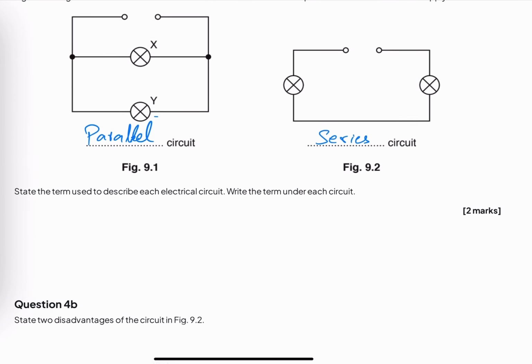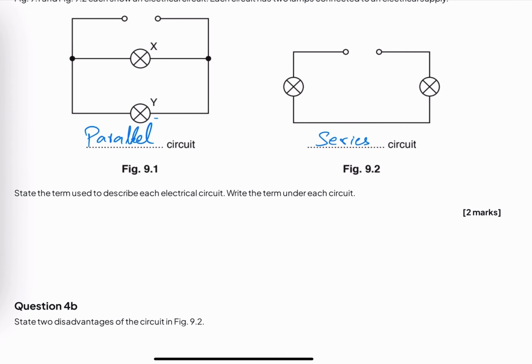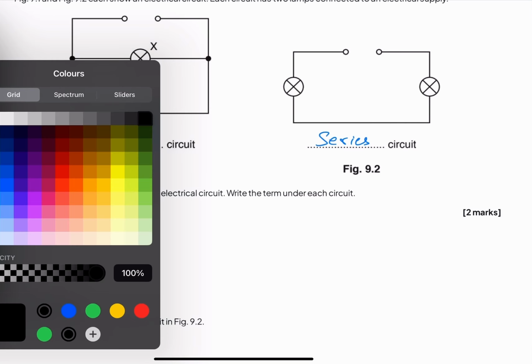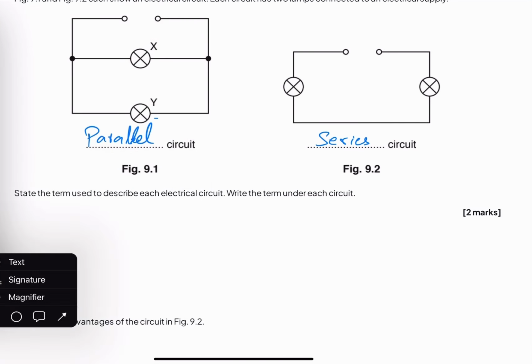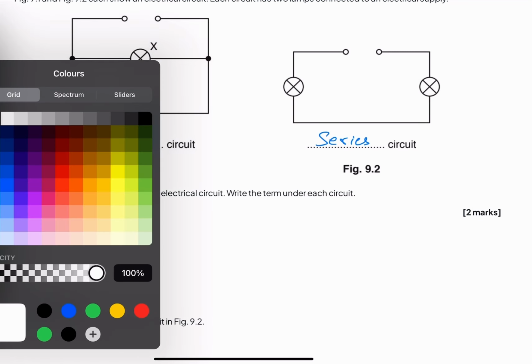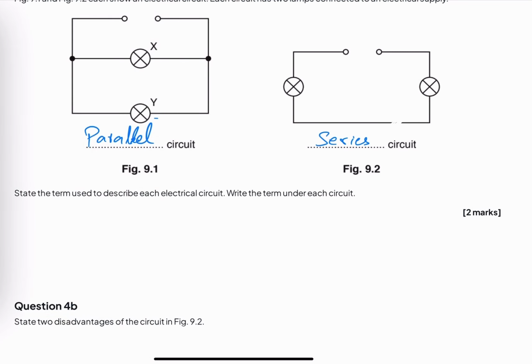In question 4b, state two disadvantages of the circuit in figure 9.2. Let's suppose for some reason the wire of the circuit breaks down from any point. Let's suppose it is disconnected from this point. So the whole circuit will be dysfunctional. Both the lamps will not function. So this is a disadvantage.